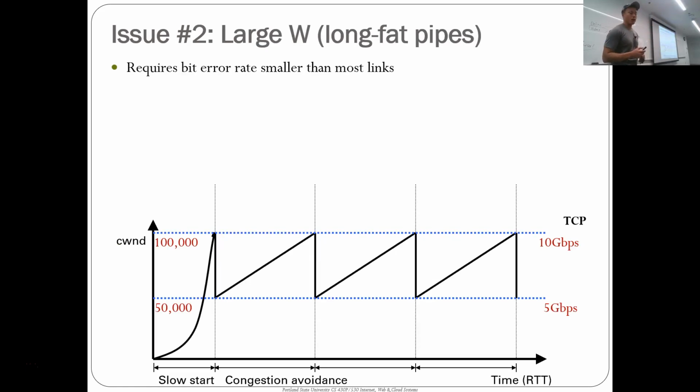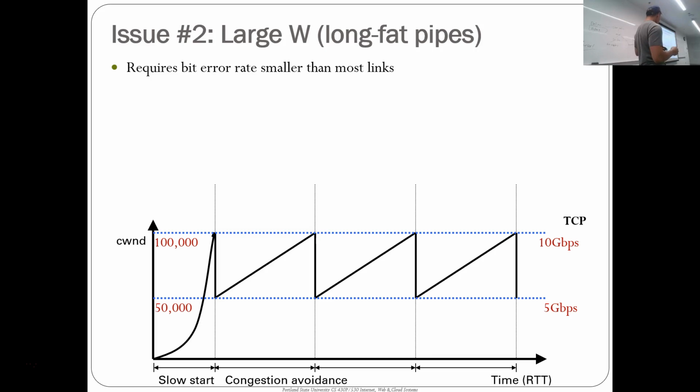Okay. The other issue with this sawtooth algorithm is that it requires a really tiny bit error rate when you have a large W, so a large window size. So here's a picture of a sawtooth that goes between 50,000 and 100,000.